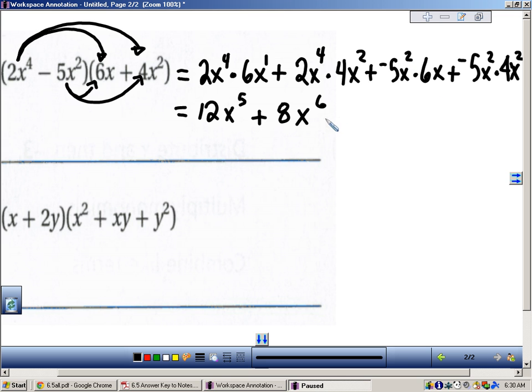So it's identical to saying negative 5 times 6, or minus 30, and second power plus first power, 3. Plus negative 5 times 4, which is negative 20, minus 20, and we have x to the 4th.